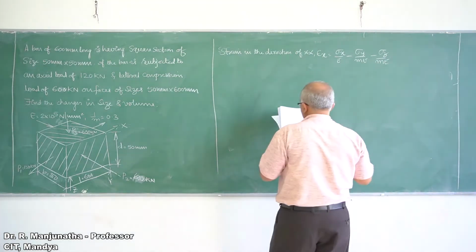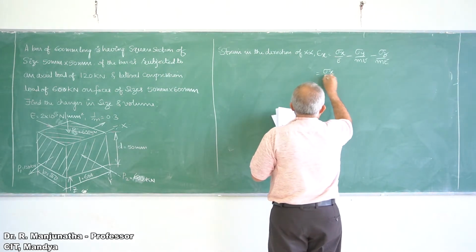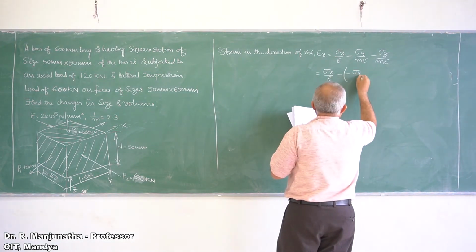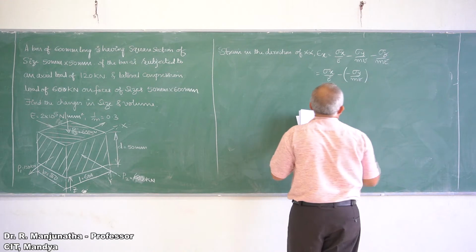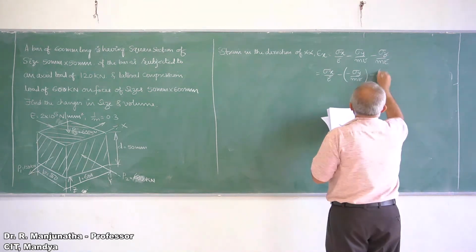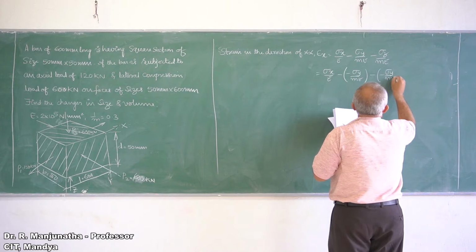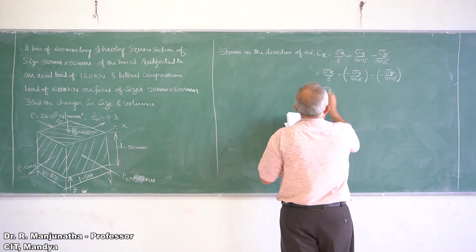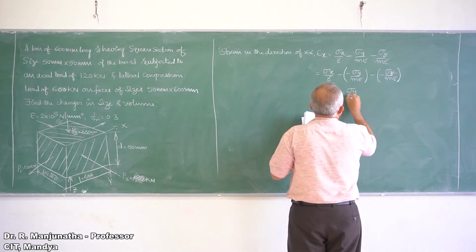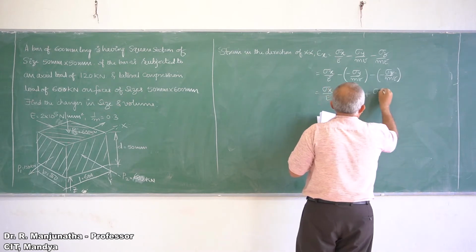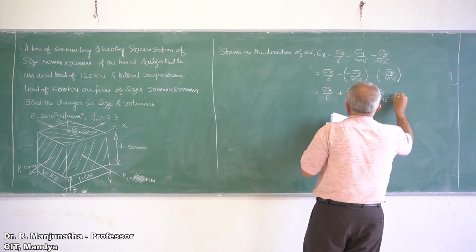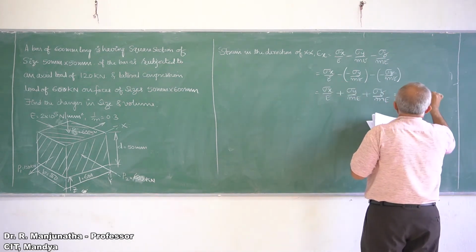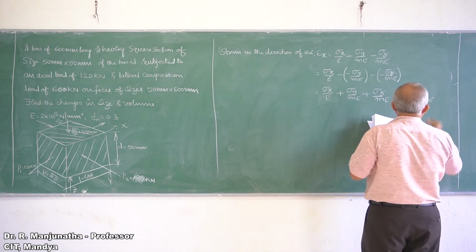Now when we are considering this, we will have sigma x by E, then minus sigma y by m into E, because we have compressive here in sigma y, and again minus sigma z by m into E. So that will be equal to sigma x by E plus sigma y by m into E plus sigma z by m into E, which is sigma x by E plus 1 by m into E into (sigma y plus sigma z).